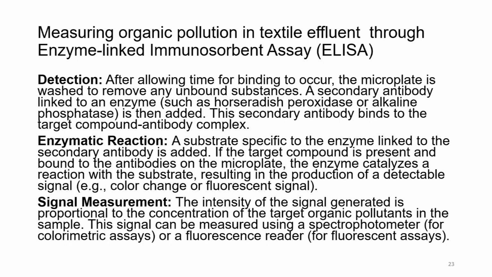So, that is how it works. Signal measurements. The intensity of the signal generated is proportional to the concentration of the target organic pollutants in the sample. This signal can be measured using a spectrophotometer for colorimetric assay or a fluorescence reader for fluorescence assay.